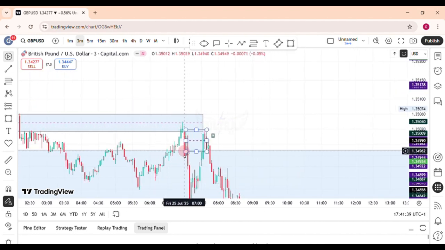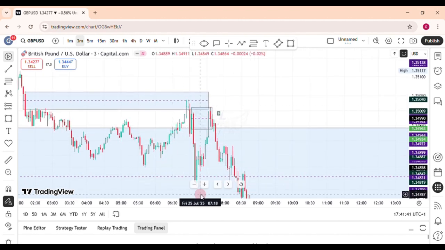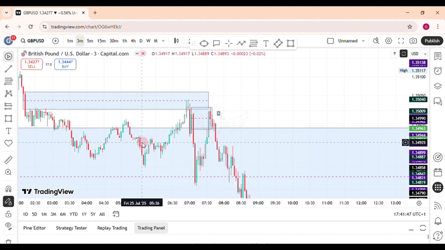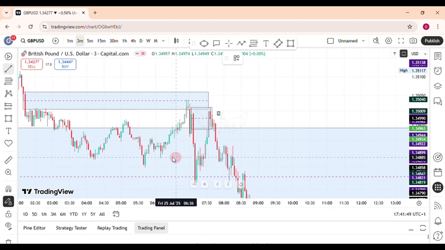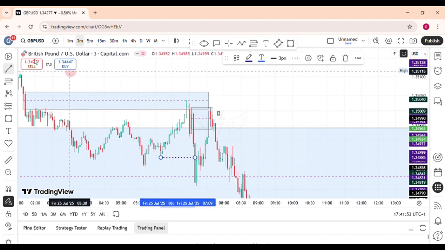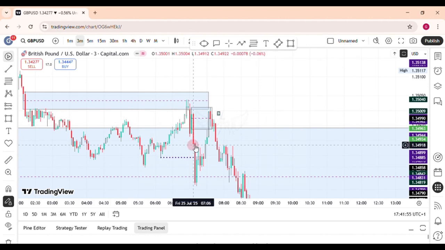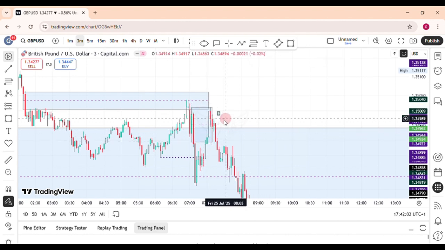You can see how it's rallied to the downside and created a break of market structure, and prior to that a fair value gap at this spot here. Now we have a break of market structure and we also have a fair value gap here.